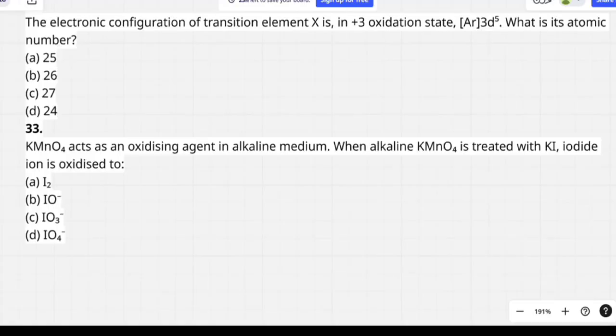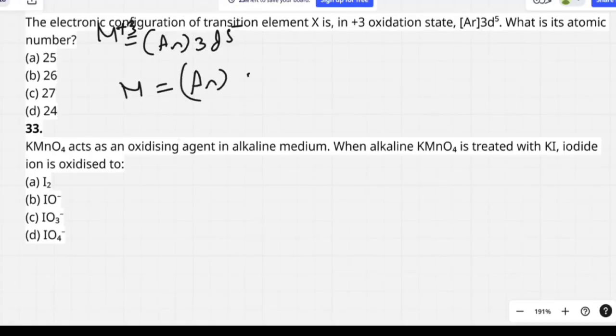So, what is its atomic number? We don't know the element, say it is M. In M+3, it has argon 3d5. To become M, we have to add 3 electrons.